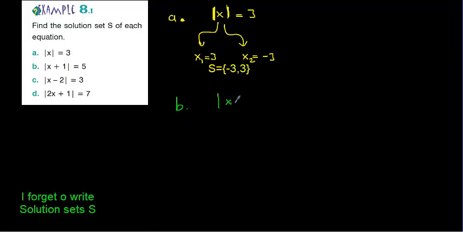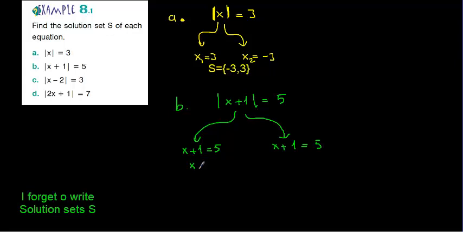Again, I'm solving a question. What is written inside the absolute value, x plus 1, will be equal to 5 or will be equal to -5, because we don't know actually what is inside the absolute value, it will be positive or negative, because the absolute value shows the distance, and for +5 and -5 the distance is the same.